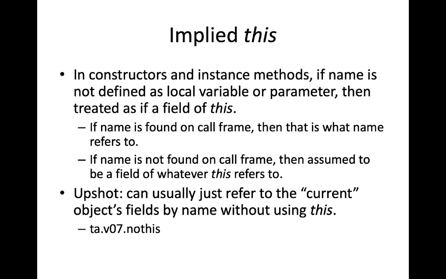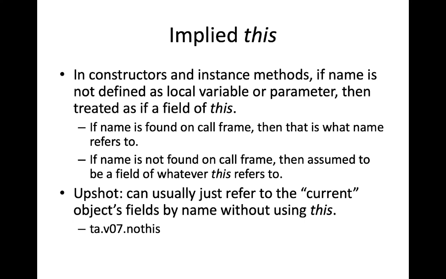So usually, if we used a name in a method that was not declared as a local variable or parameter, the program wouldn't compile. But Java's pretty smart, right? And it basically says, look, if you're using a name inside a method, inside an instance method or a constructor, and that name does not correspond to any local variable or parameter name that is in scope at the time, at the point where I need it, then I'm going to check one more place. I'm going to say, well, maybe it's really a field name for the current object.